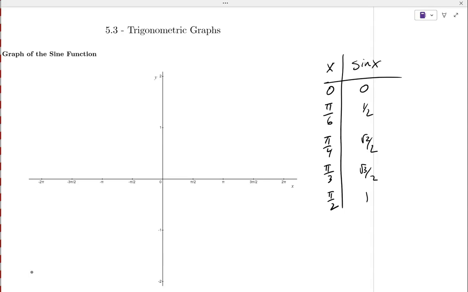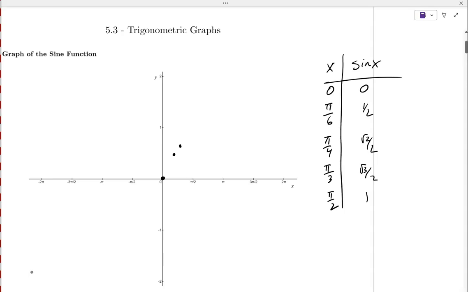Let's plot these points quickly just to see what we have. We would have the point 0, 0. Pi over 6 is 1/3 of the way to pi over 2, so if I go about 1/3 of the way over, I'd go up to 1/2. Pi over 4 is 1/2 of the way over, I go to root 2 over 2, which is about 0.7.